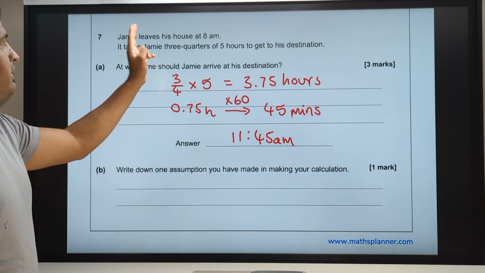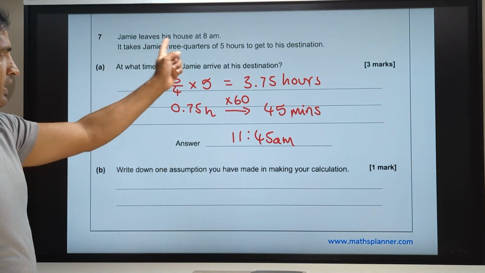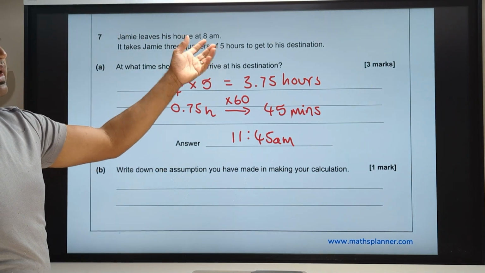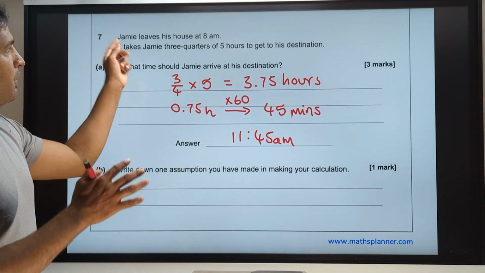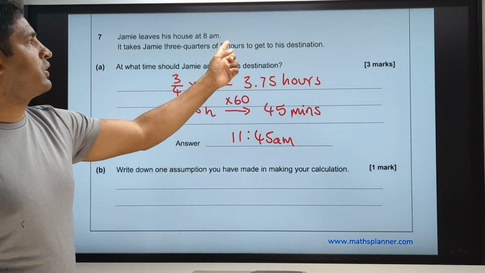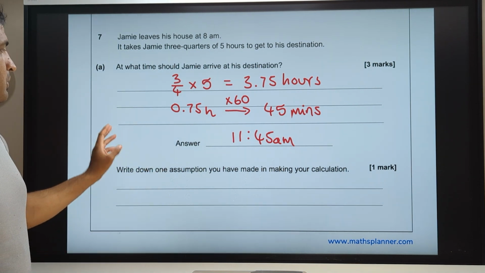He leaves his house and goes to his destination straight away. So that's the actual traveling time, or even if he stopped anywhere, that's included within that 3/4 of 5 hours. That's all we're assuming here. Nothing else that we're assuming there.